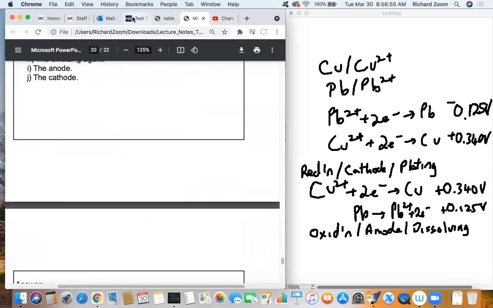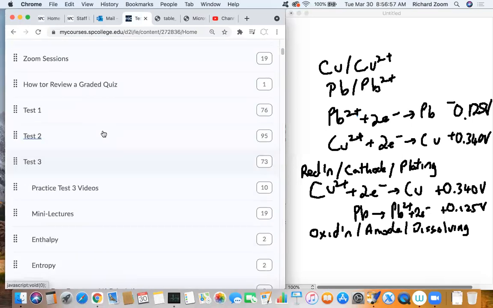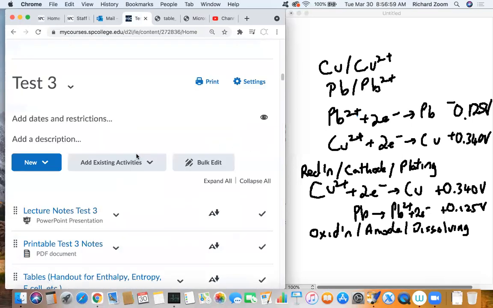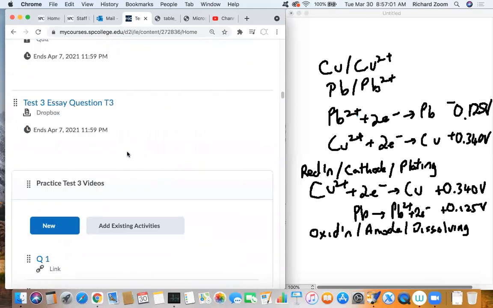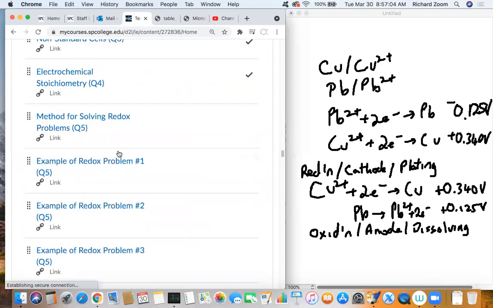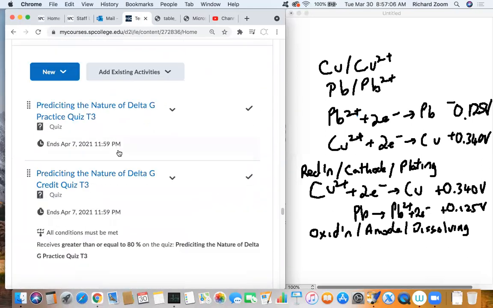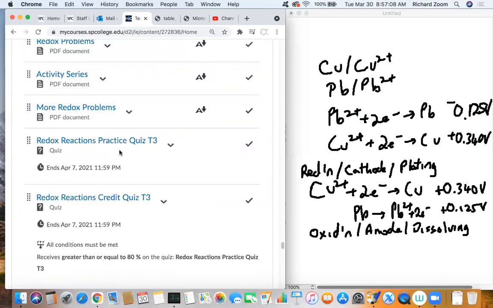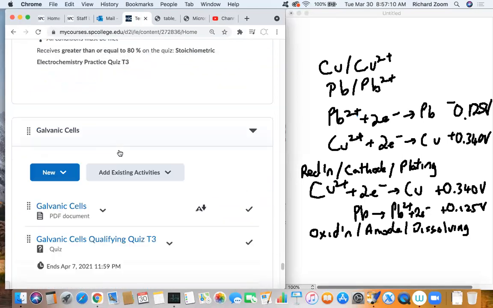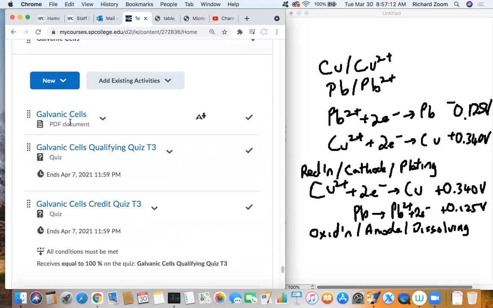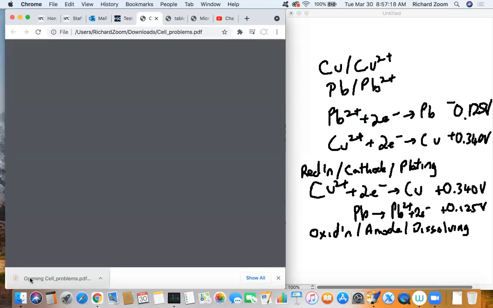All right, let's take a look at some of the fun we can have with these. And it's under galvanic cells. I do have a cool problem solving document here.